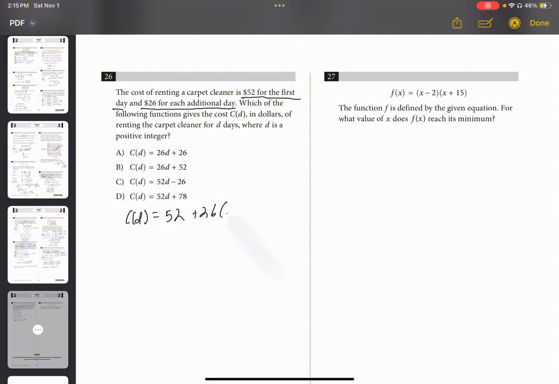So instead of 26D, which most people will instinctively write, D minus 1 because it's for each additional day, not every day plus a startup fee. It's 52 for the first day, $26 for every day after that. So this will give you 52 plus 26D minus 26.